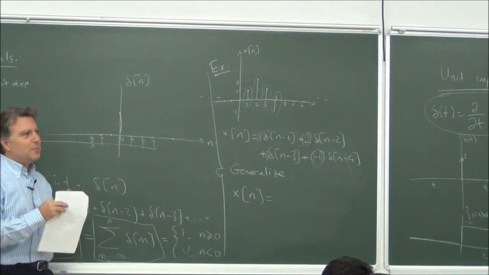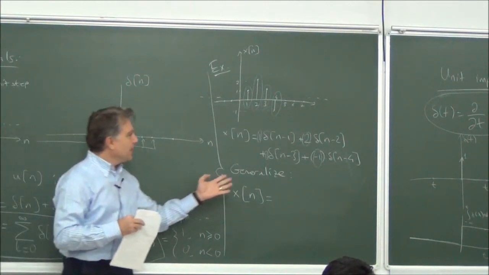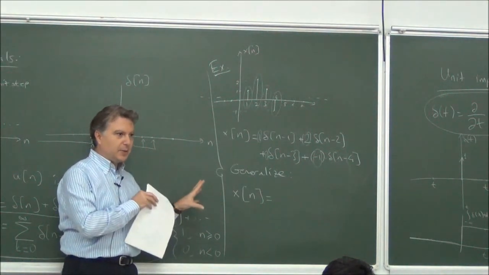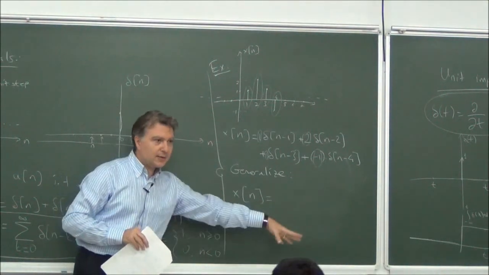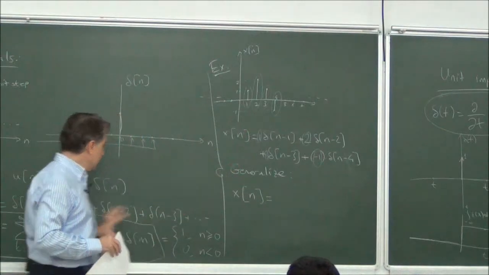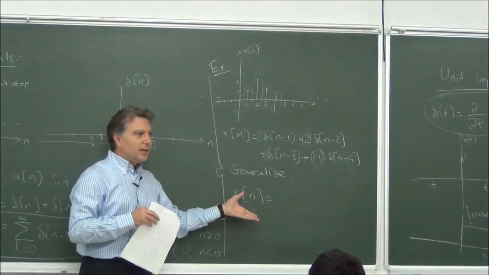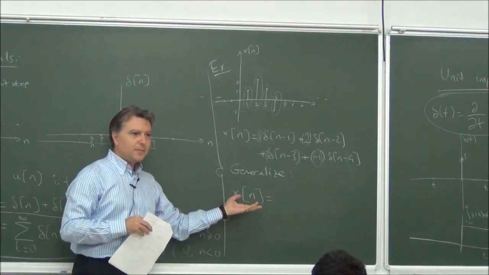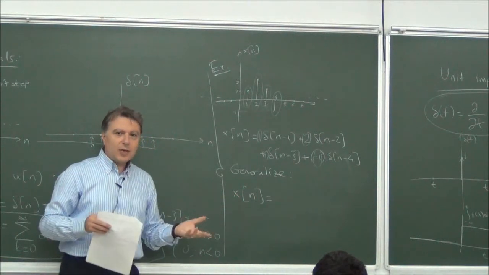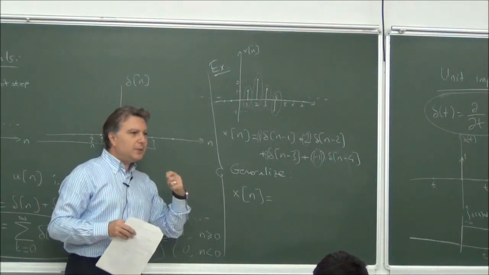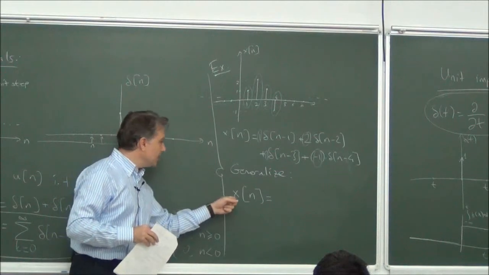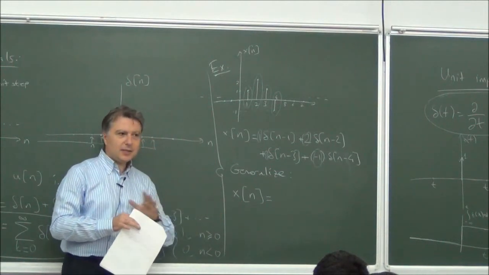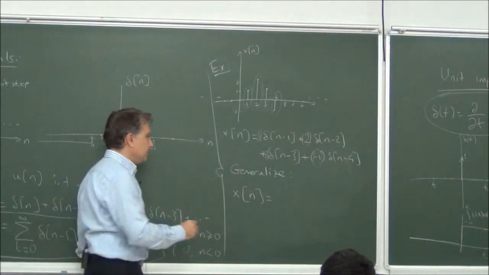Maybe you're asking me this question. If you give me the example signal, I will be able to write it like this. But I didn't give you the example now. So how can we do that? Well, I am implicitly giving you the example here. The signal is x. Just that assumption is enough.